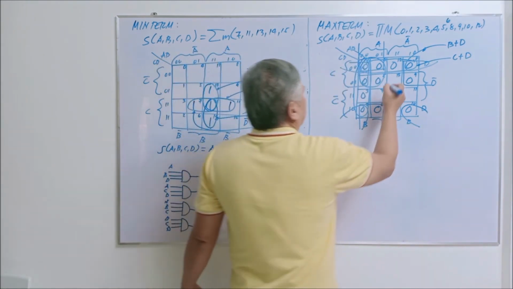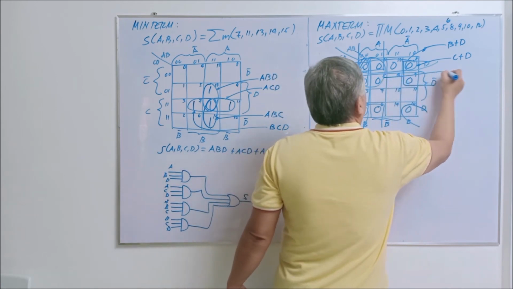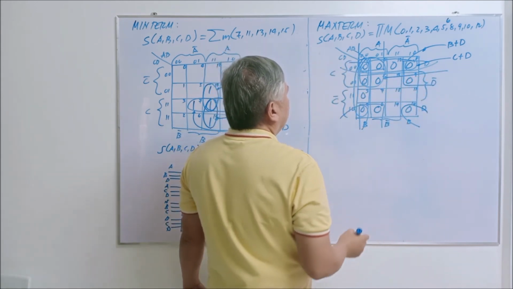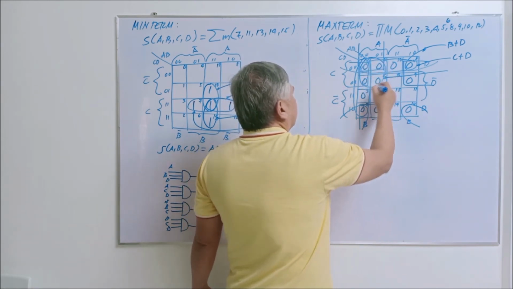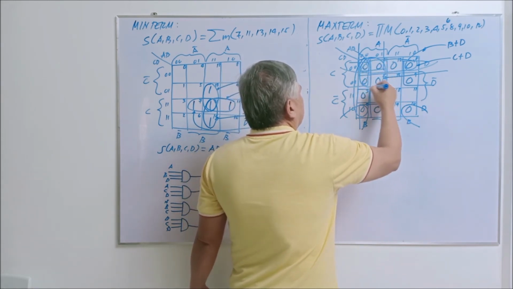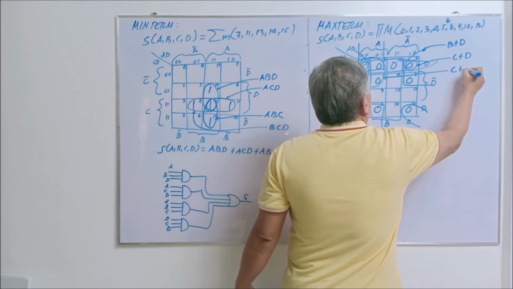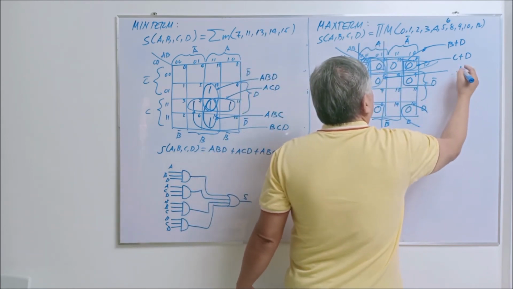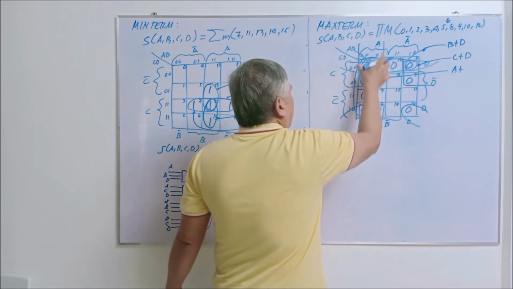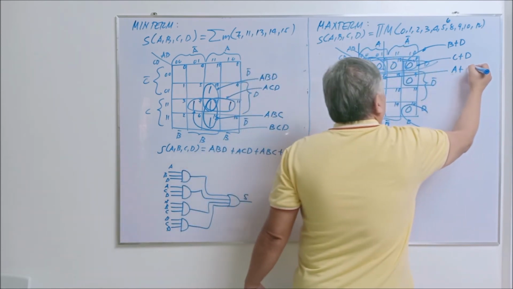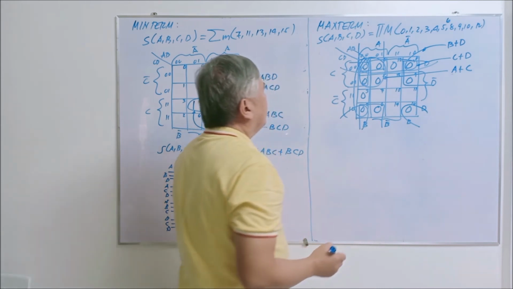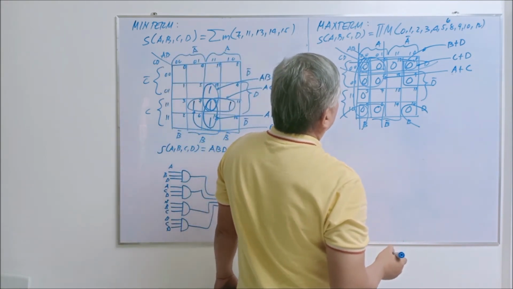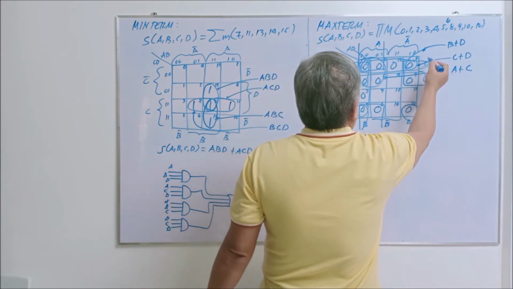So, this one, the square, what will be the equation or the variable terms? This is under C plus under what? A. It's A, then C. So, A plus C. Okay?